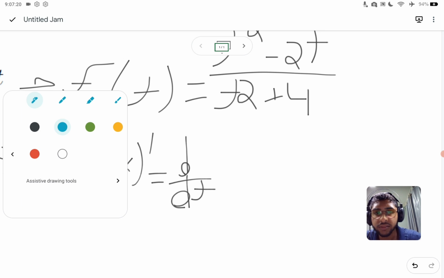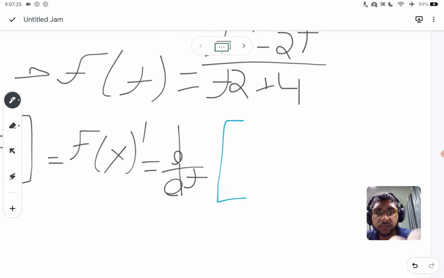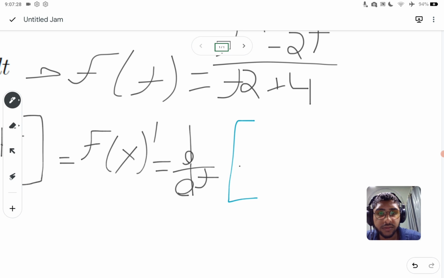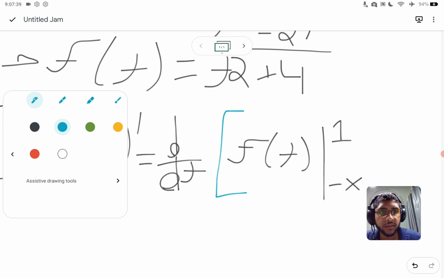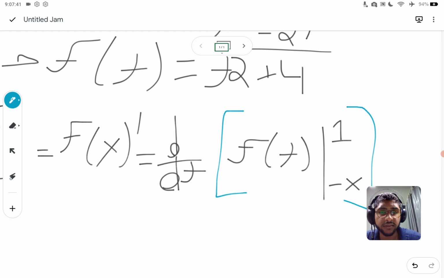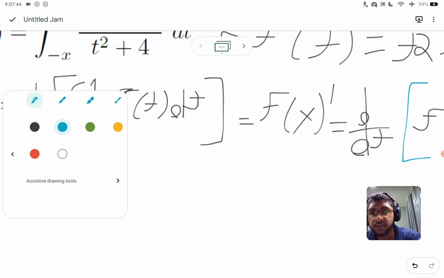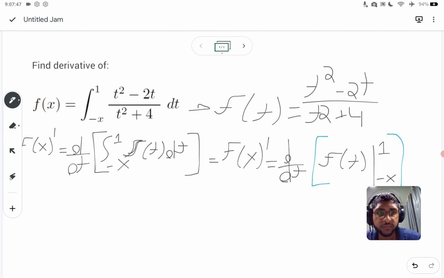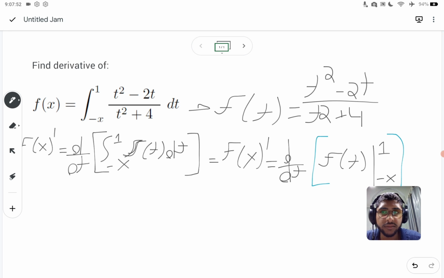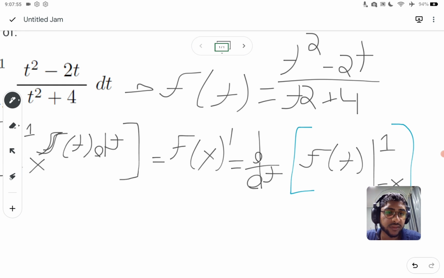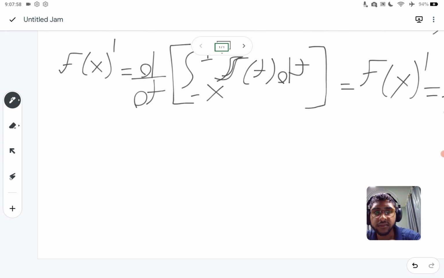And this is what we can put here. And yes, F(t) evaluated from minus x to 1, all this thing inside this bracket. And what we can do more is plug all the values inside F(t), and this is what we will have.